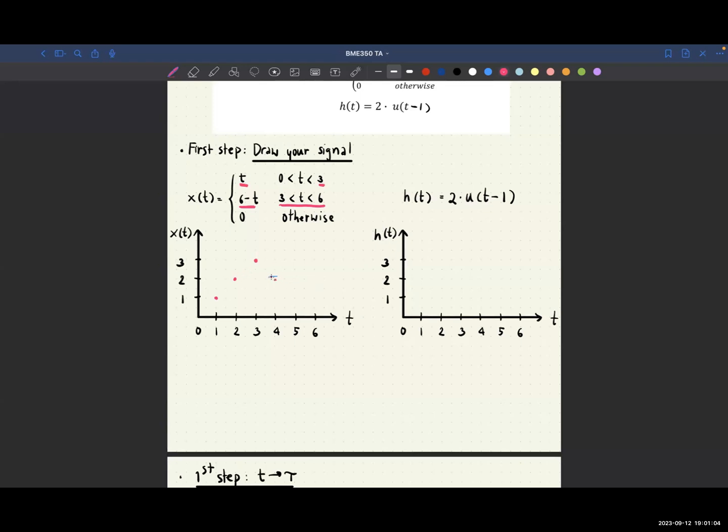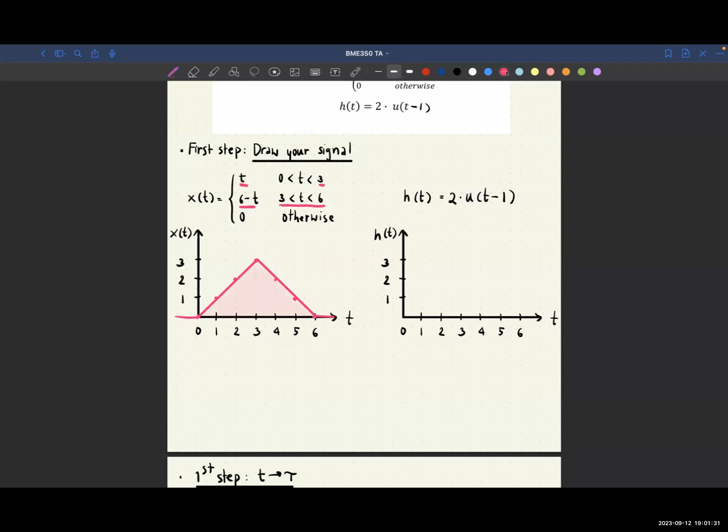Yes, it's going to be 2, right? Because t is 4 and 6 minus 4 is 2. The same trend as 5, and otherwise 6 is 0 and also 0 is 0. So our signal here is going to look like a triangle graph. Okay, it's going to look something like this.